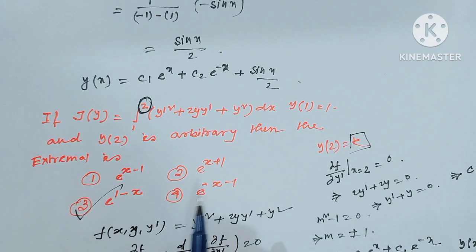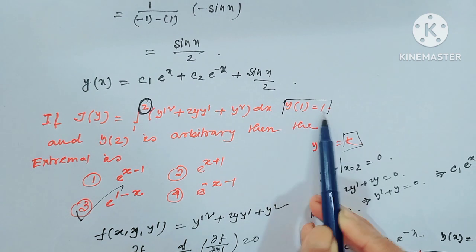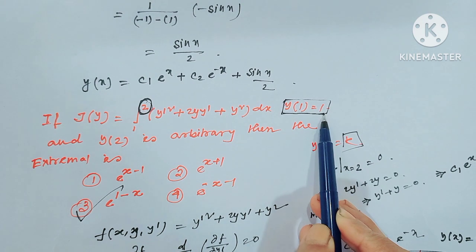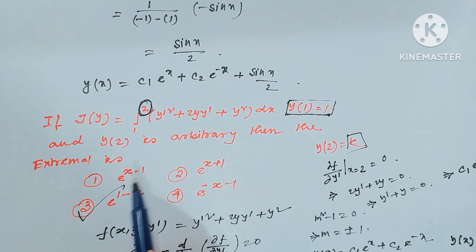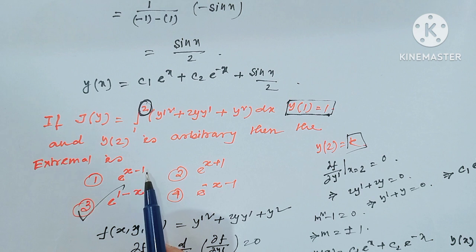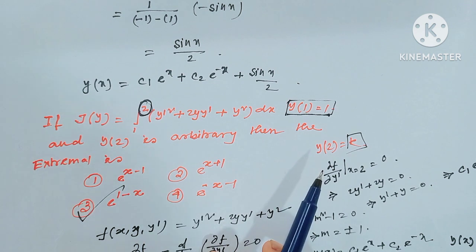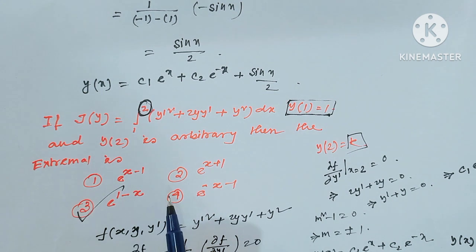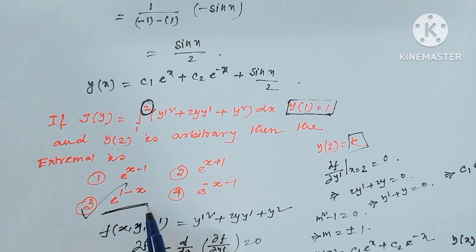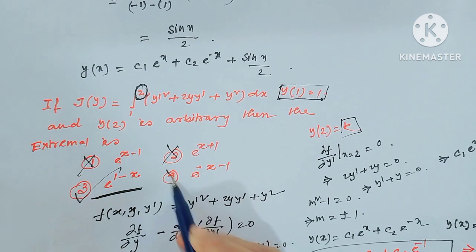But notice the shortcut trick for this functional. Here y(1) = 1. If we put x = 1 in the options, only option 3, e^(1-x), gives y(1) = 1. So this is the shortcut trick.